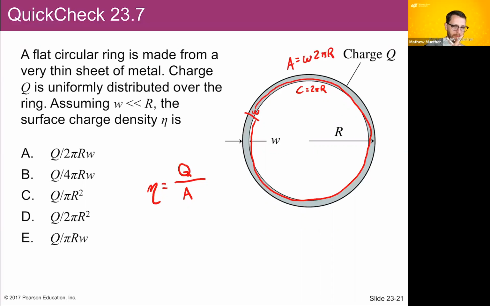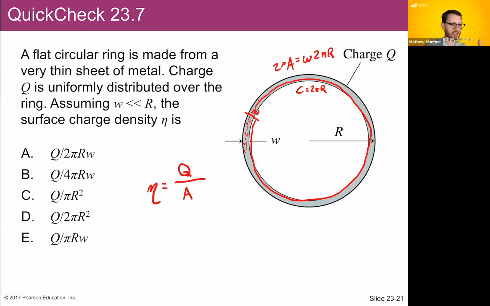But if this is really a physical sheet of charge, remember that the charge is going to distribute itself on the top surface of this object, but the charge is also going to distribute itself on the bottom side of this surface. So there's actually two copies of this surface area. One is the top area of the ring and one is the bottom area of the ring.